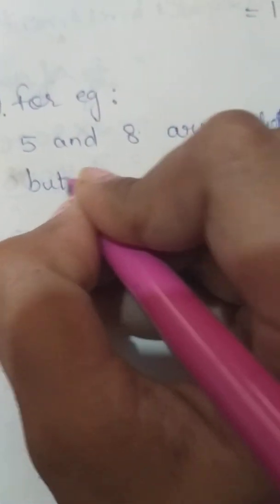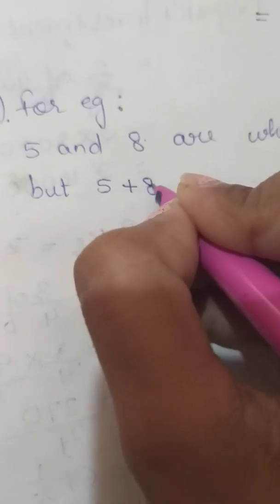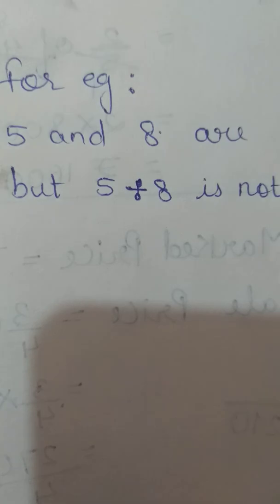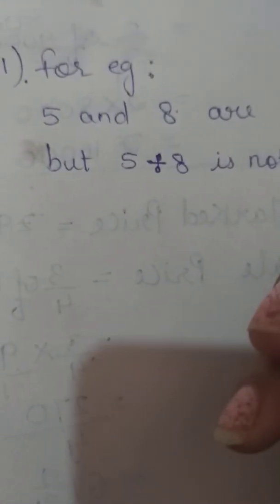First, for example, 5 and 8 are whole numbers. But 5 divided by 8 is not a whole number.